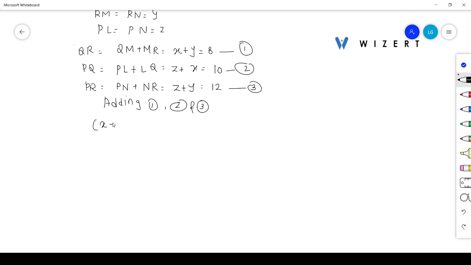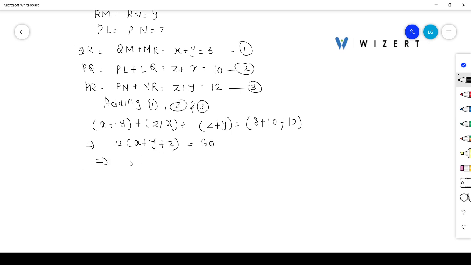So after adding these, we get X plus Y plus Z plus X plus Z plus Y equals 8 plus 10 plus 12, which is 30. That is 2 times X plus Y plus Z equals 30. That is X plus Y plus Z is 30 by 2, which means 15 centimeters.